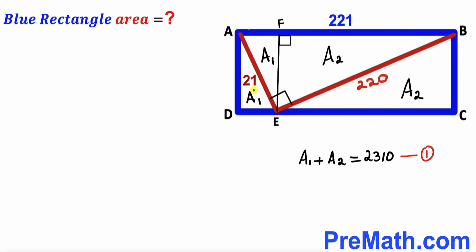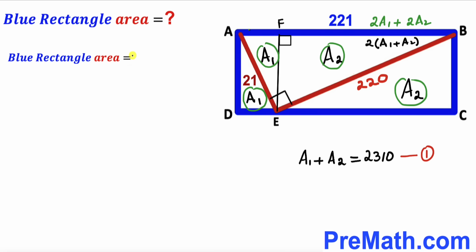Its whole area is A sub 1 plus A sub 1 plus A sub 2 plus A sub 2, which gives 2 times A sub 1 plus 2 times A sub 2. Factoring out 2, the blue rectangle area is 2 times (A sub 1 plus A sub 2).